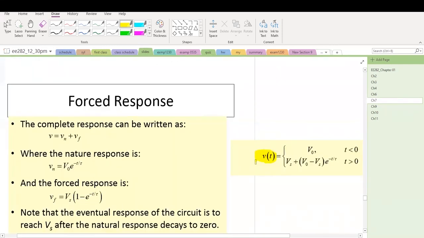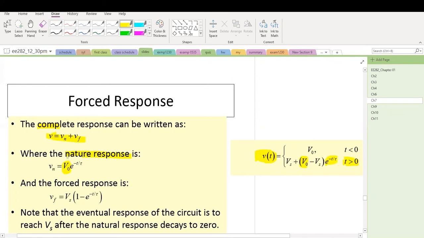Let's look more closely at v of t when t greater than 0. When t is greater than 0, the response can be decomposed into two portions. One portion is a natural response, caused by v0, that's this term, v0 multiplied by e to the power minus t divided by tau.